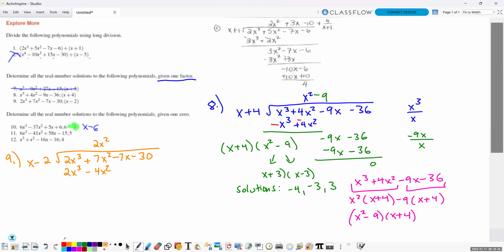4x squared, grab my annotator. So now, that's going to be 11x squared minus 7x. 11x squared divided by x is going to be 11x, multiply back.